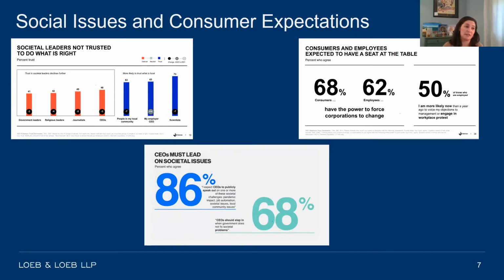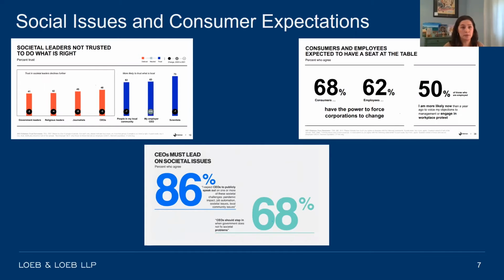Also, the trust and confidence in media has declined. Over 50% do not have confidence in the media, and only 6% have a great deal of confidence in the media. So there's really this void of where people don't really know who to trust, and corporations really are trying to step in.